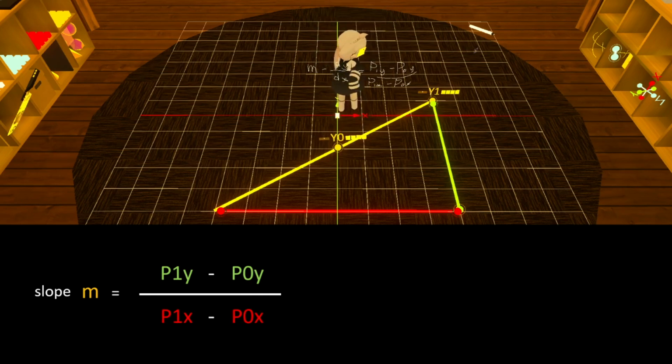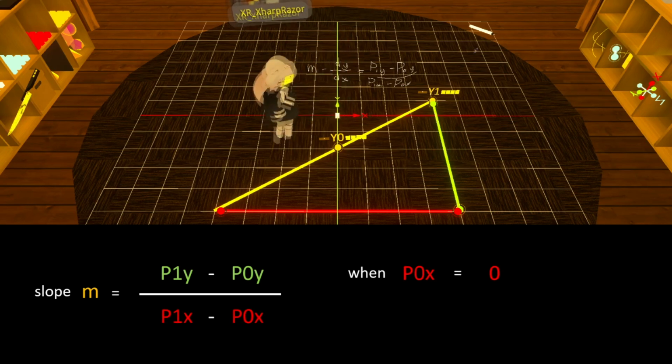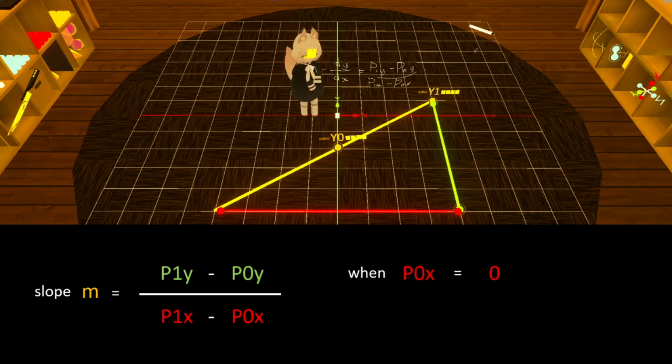As you can see, they are still describing the same line, because after all, the straight line would be expanded in this case. But here's the thing, when our first point, or p0, has an x coordinate of 0, you can see that its y coordinate is actually what we call the y-intercept, or sometimes I call it the y-offset.